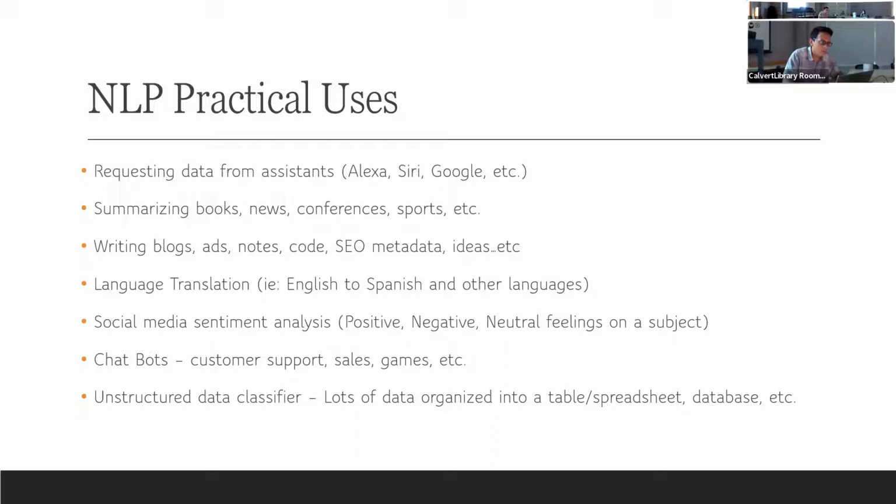I mentioned the writing blogs. Marketing agencies are now using NLP systems to create ads. So if you want to create, let's say, a Facebook ad or a LinkedIn ad, you have to come up with something catchy that's going to get somebody to click on it or to buy whatever product or service you're selling.